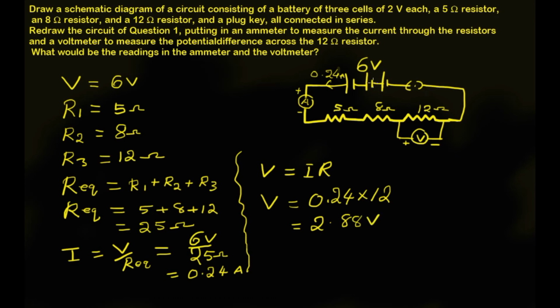So out of the 6 volt of the battery, this 2.88 volt is dropped across the 12 ohm resistor. That much is the question.